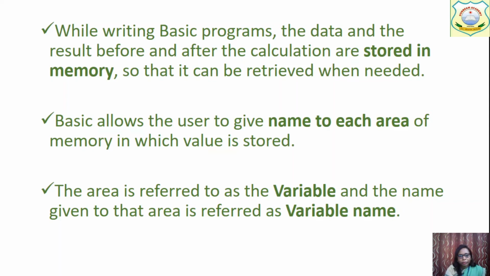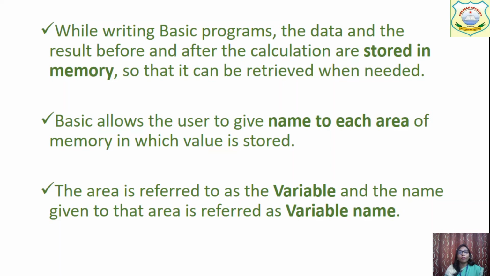Got it? What is a variable? A variable is a named memory location. Means we gave a name to a portion of the computer's memory, and we can store values there. That is called a variable.